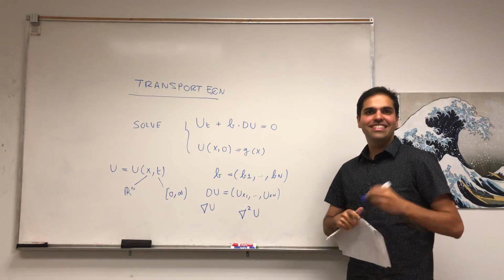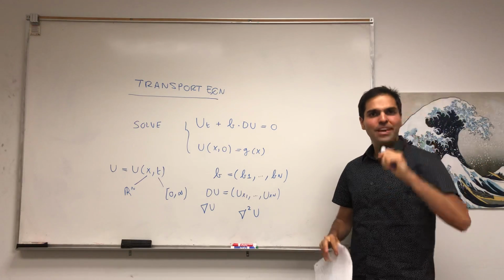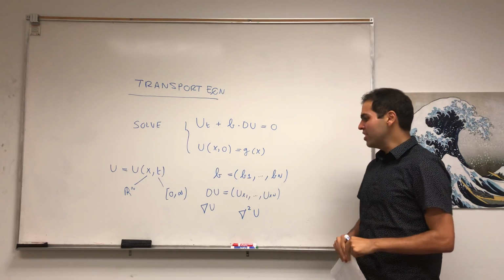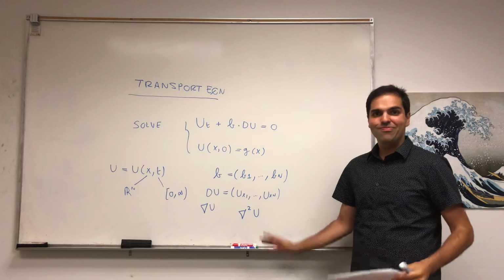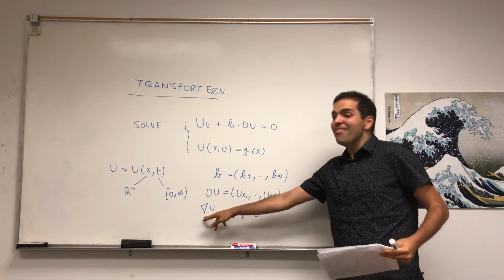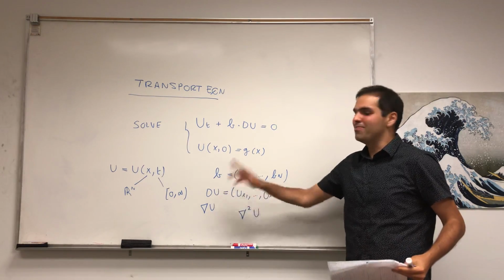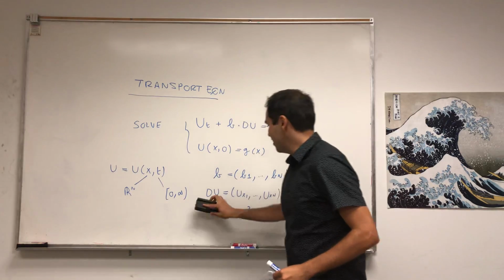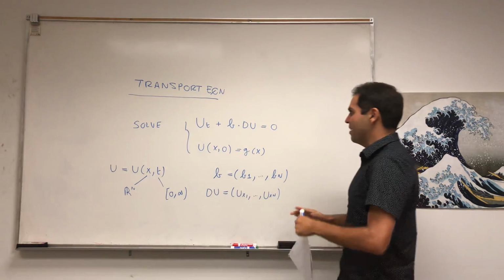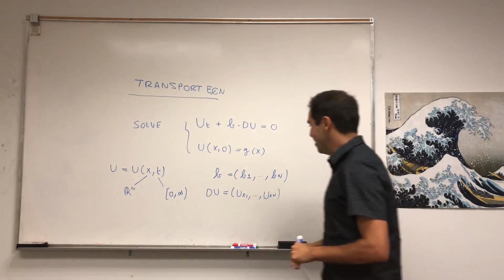Is that the Hessian, the matrix of second derivatives, or is that the Laplacian? That's why, in my opinion, it's better to write Du and to write the Laplacian as a triangle u.